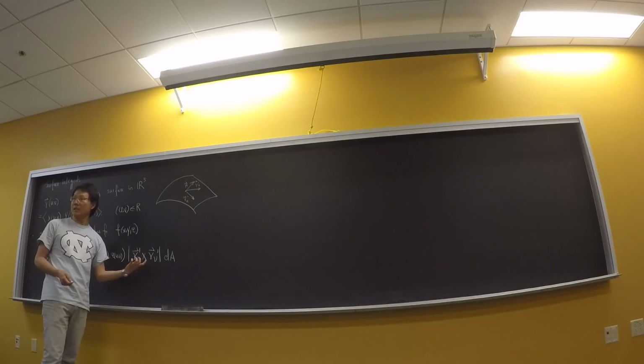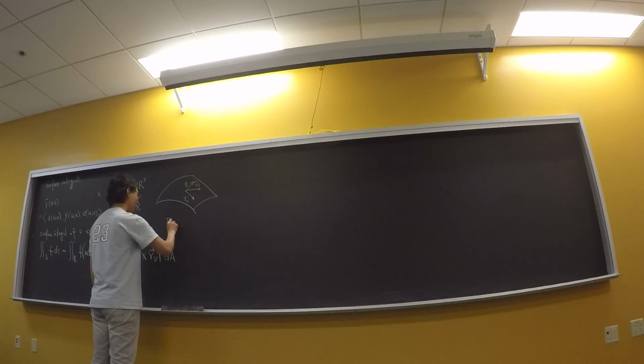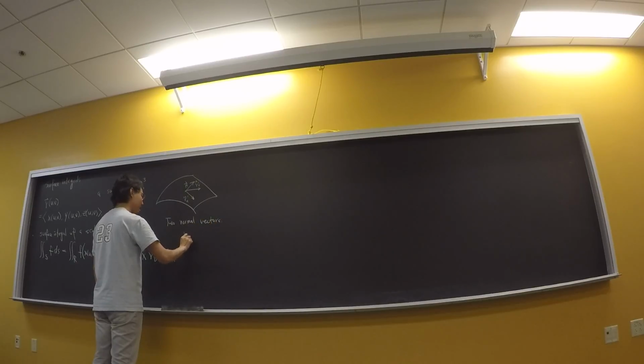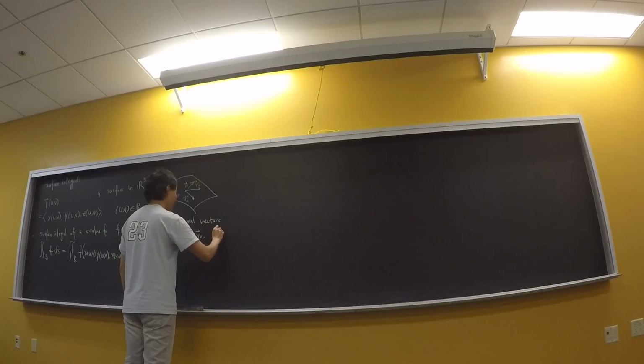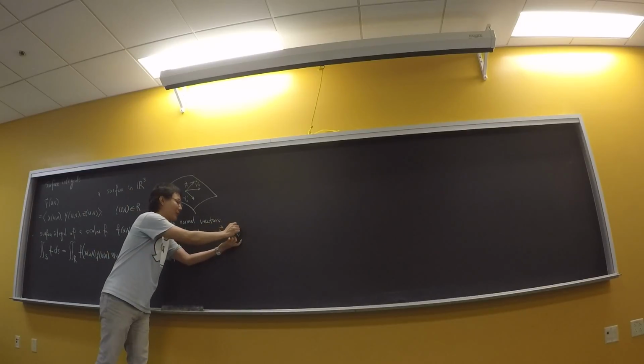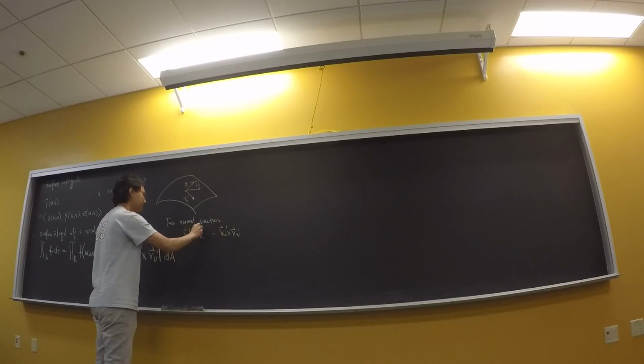The other one is the opposite, right? So there are 2 normal vectors. One is given by r_u cross r_v. The other one is given by minus r_u cross r_v. Or if you prefer, it's r_v cross r_u, right?